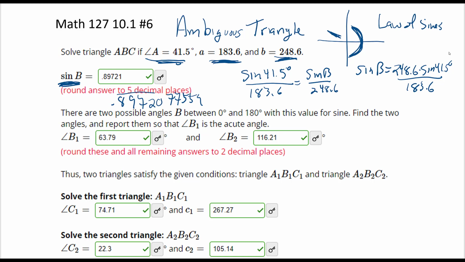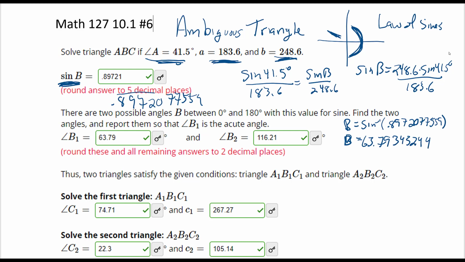So now for the next part, B would be sine inverse of this 0.89720775559. And what the calculator returns when I do that, and I'm using the TI-84, is, when I go up and highlight that previous value, 63.79343244.